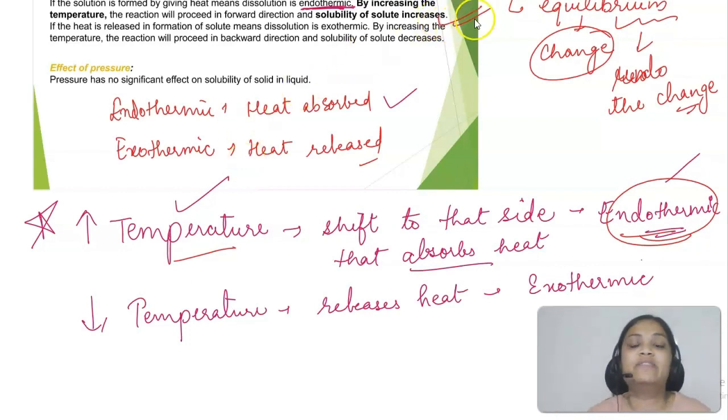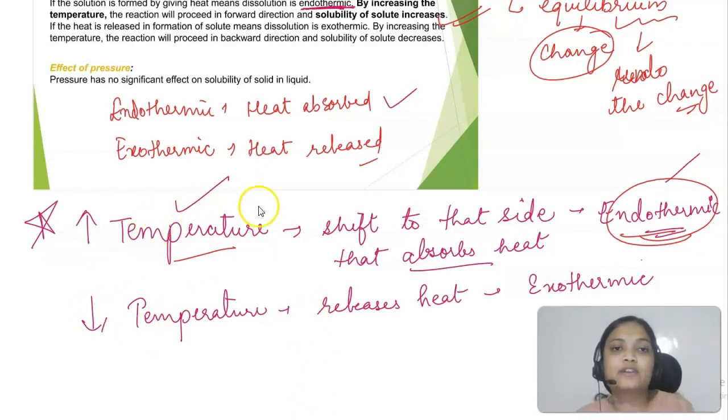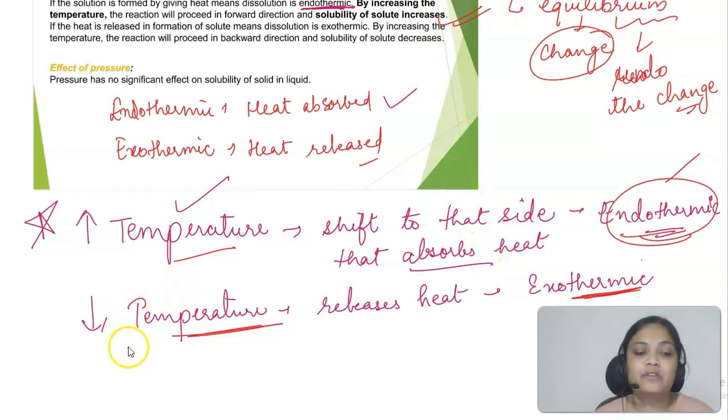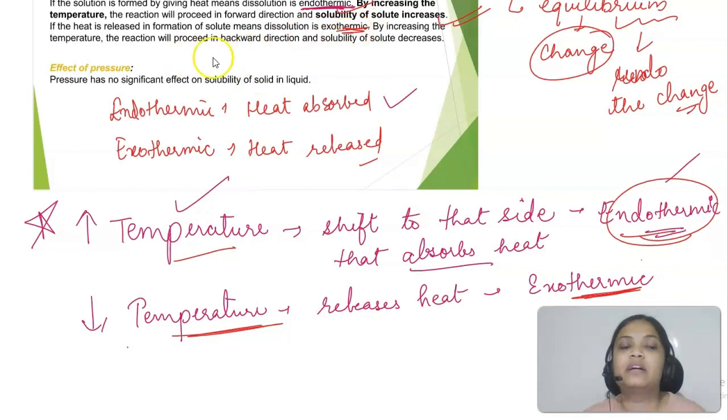Means the solubility will increase on increasing the temperature if the process is endothermic. But if the process is exothermic, increasing the temperature would favor the backward reaction, means the solubility would decrease. So keep that noted: if the dissolution is endothermic and you are increasing temperature, it will increase the solubility. If the process is exothermic, increasing temperature would decrease the solubility.